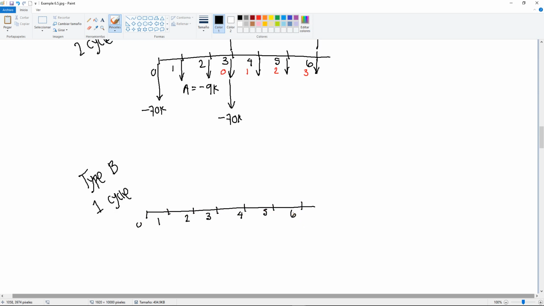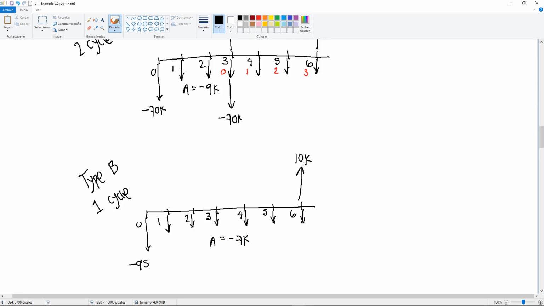Here the initial investment will be minus 95,000, and we have A going down in every year, which is minus 7,000. Then we have the salvage value in the 6th year, which is going to be 10,000.